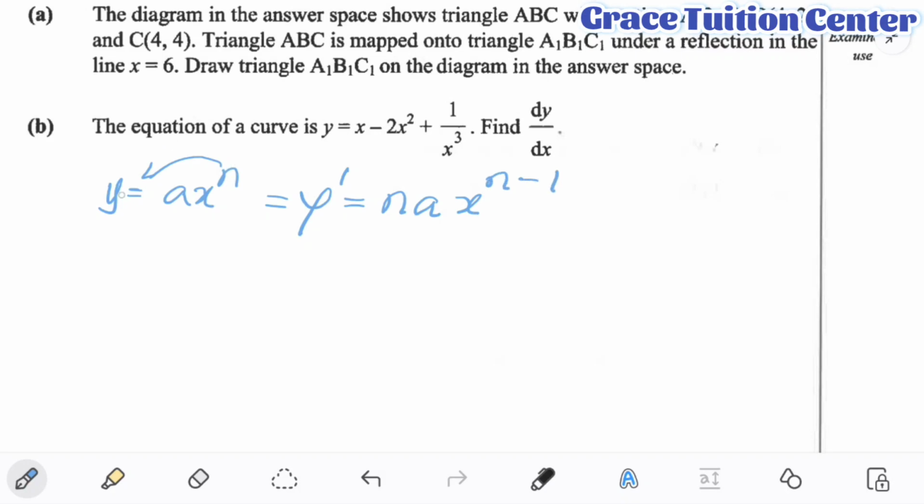So I drop this power down, multiply it with a, then on the power I subtract 1. That's the rule that we use in differentiation.